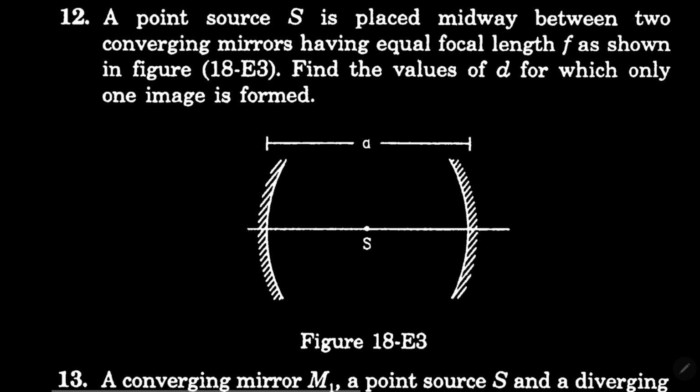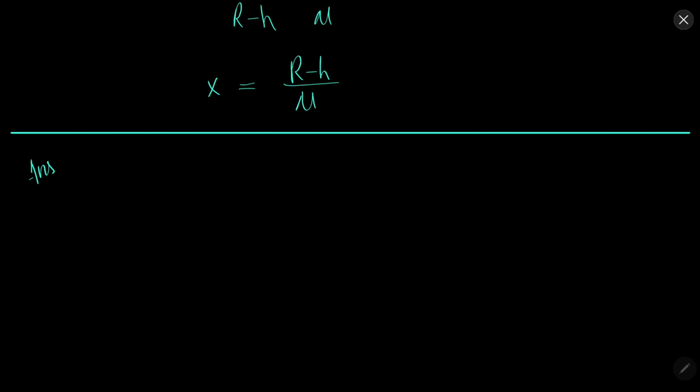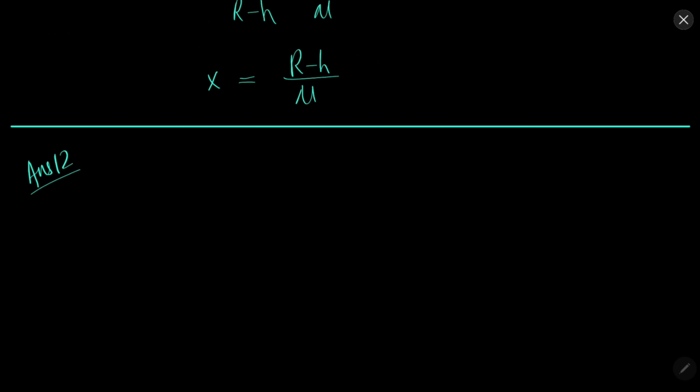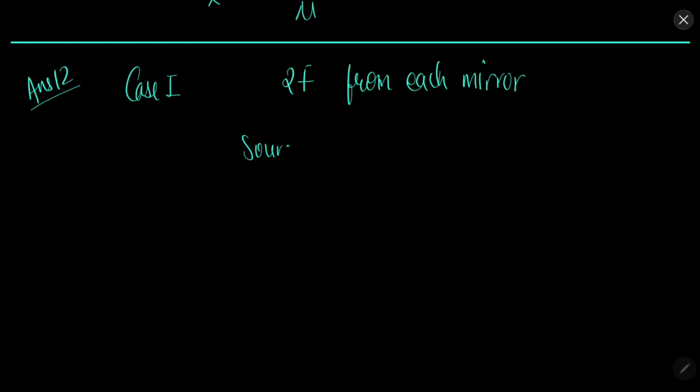In question 12, a point source S is placed midway between two converging mirrors having equal focal lengths. Find the value of D for which only one image is formed. Solution 12. In this question, first case: when the source is at distance 2f from each mirror, the source will be at the center of curvature.